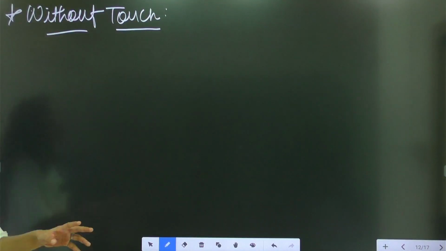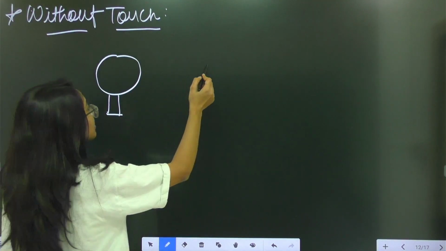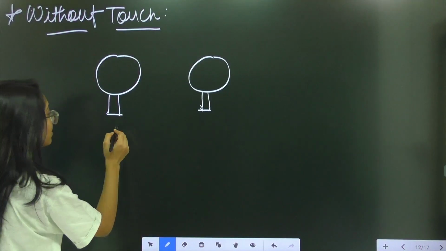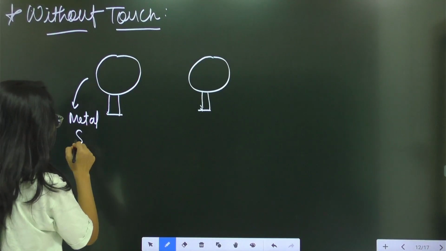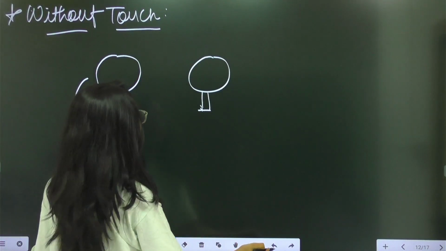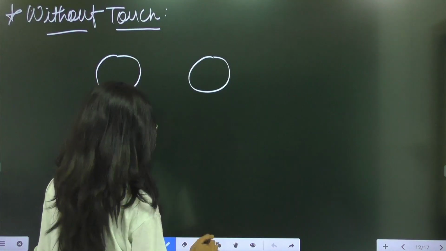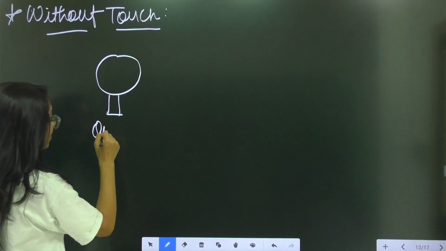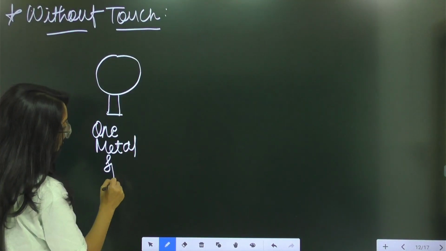Okay, so first let's take two metal spheres like this. We took two, these are what? This is a metal sphere. Sorry, only one metal sphere is needed. So first let's take one metal sphere.